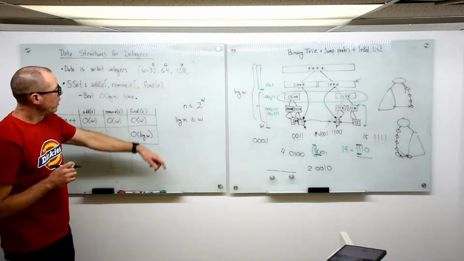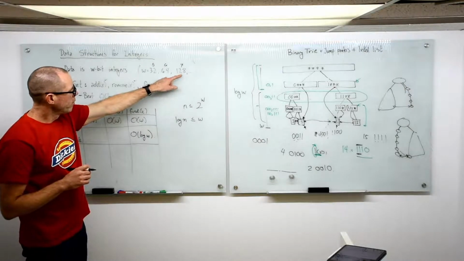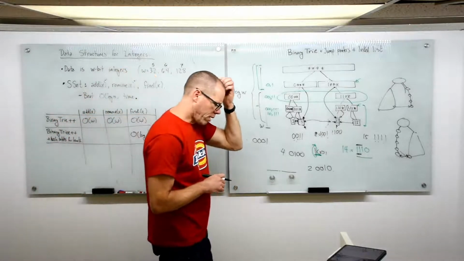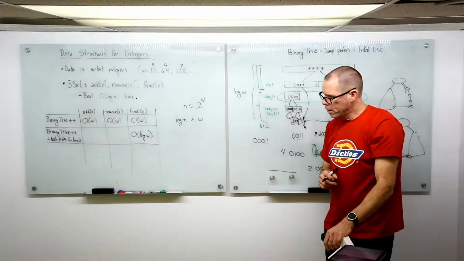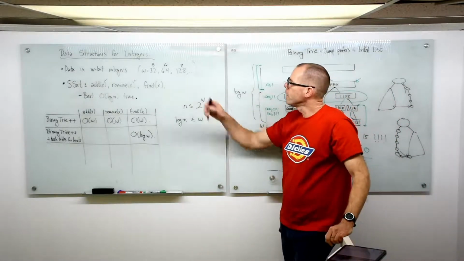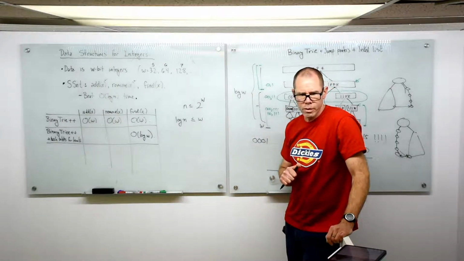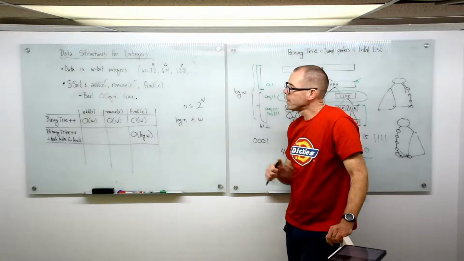So for 128, for instance, 2 to the 128, I think that might be more than the current estimates on the number of atoms in the universe. So that's a really big number.